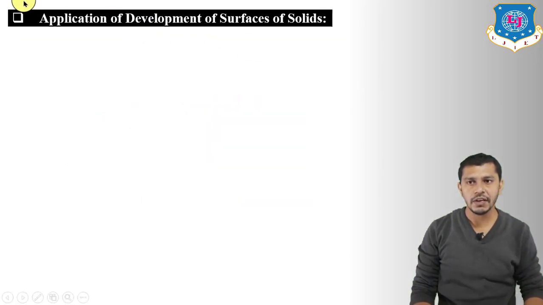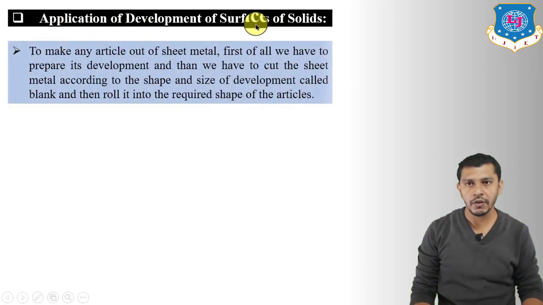Now let us see the application of the development of surfaces of the solid. So development of surfaces of solids are used in sheet metal work, where we have to make the article from a sheet metal. So to make any article out of sheet metal, first of all we have to prepare its development, and then we have to cut the sheet metal according to the shape and size of the development, called the blank, and then roll it into the required shape of the article.